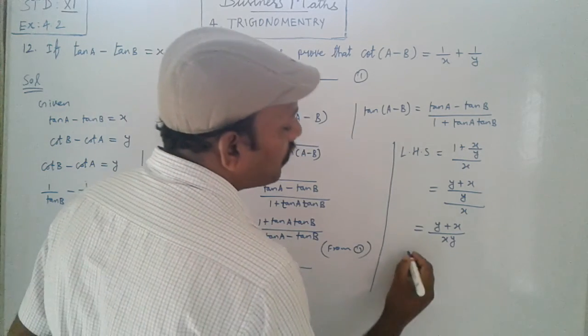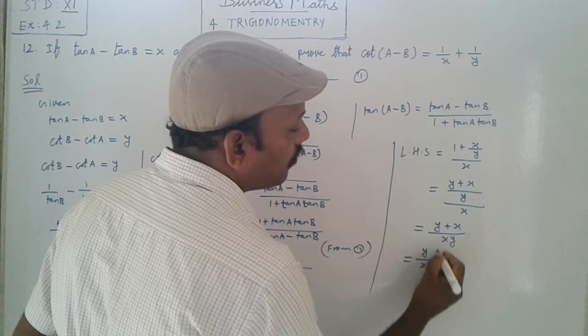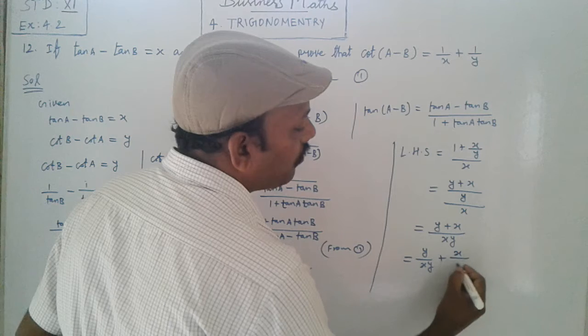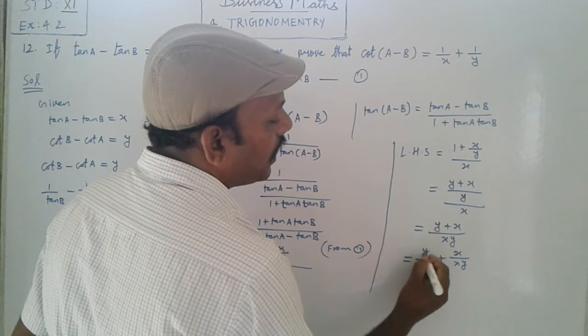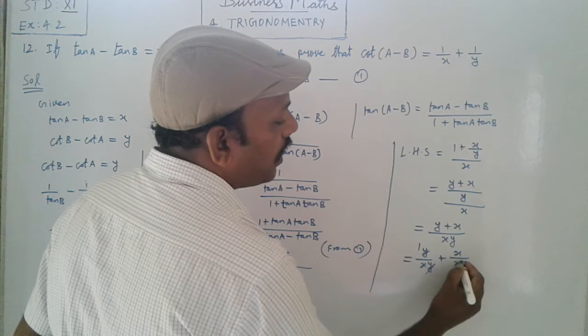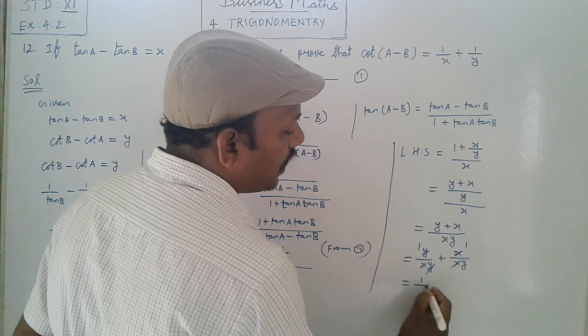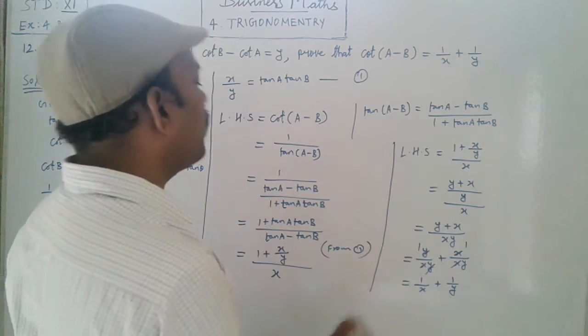So we write separately y divided by xy plus x divided by xy. Now y cancels one time, x cancels one time. So 1 divided by x plus 1 divided by y.